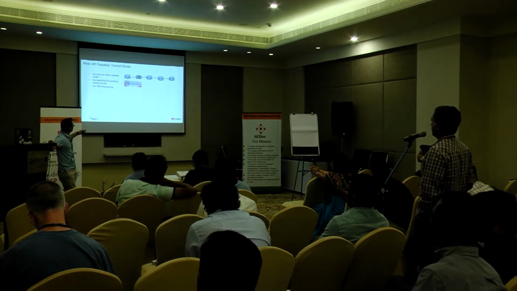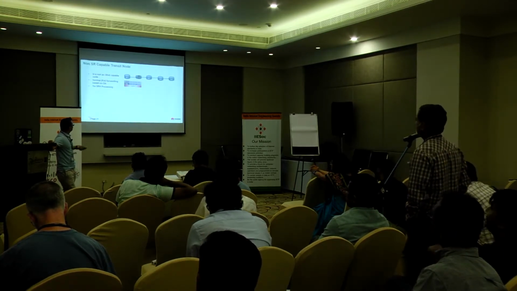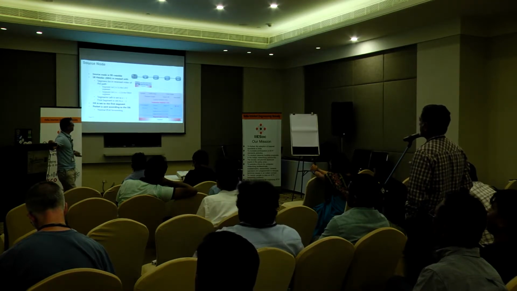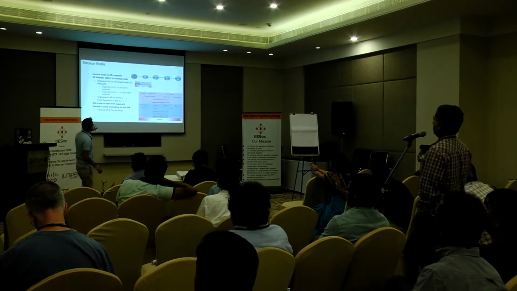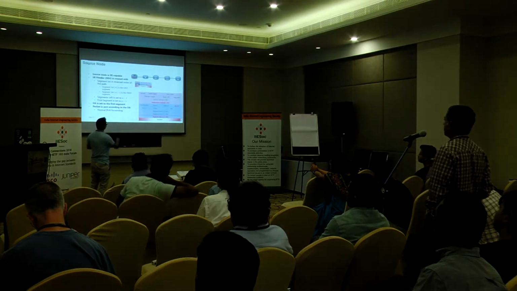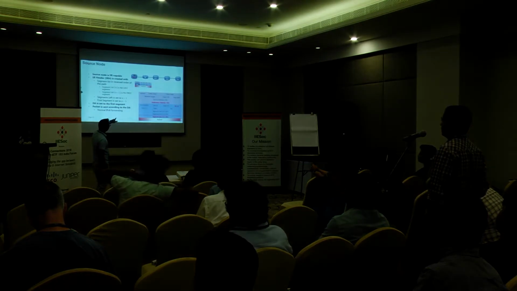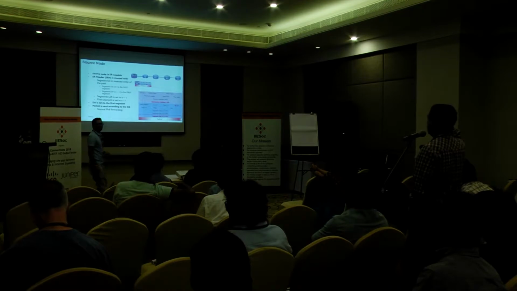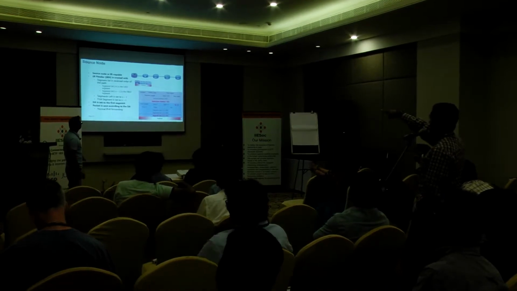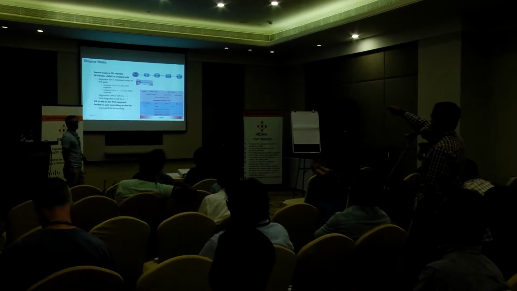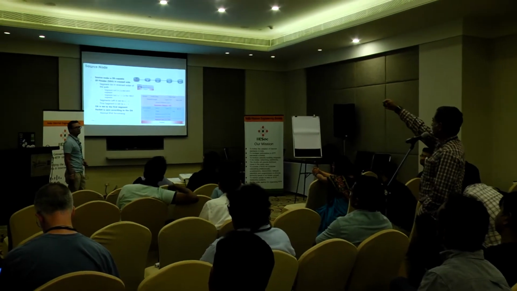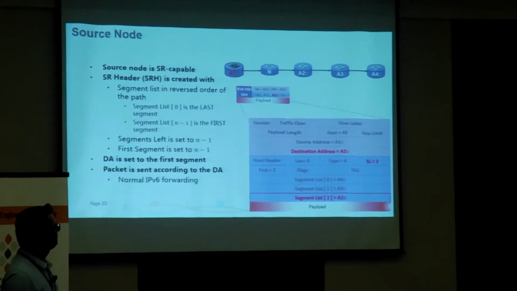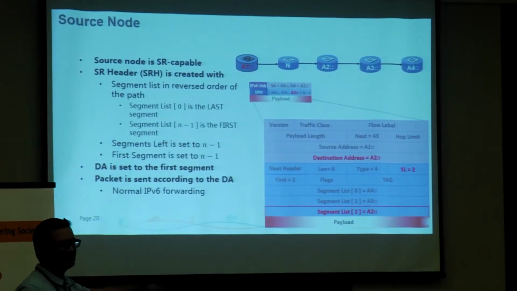Yes, SRH is inserted here, and this SRH is nothing but the list of segments. My question is different: A1 is the node inserting the SID list, but before that, someone originated the IPv6 packet, and that full packet is the payload. Yes, that is right.